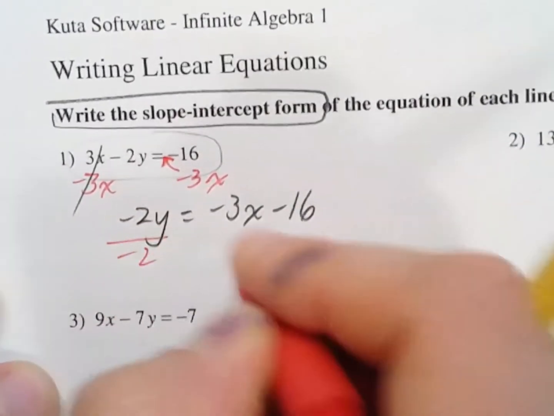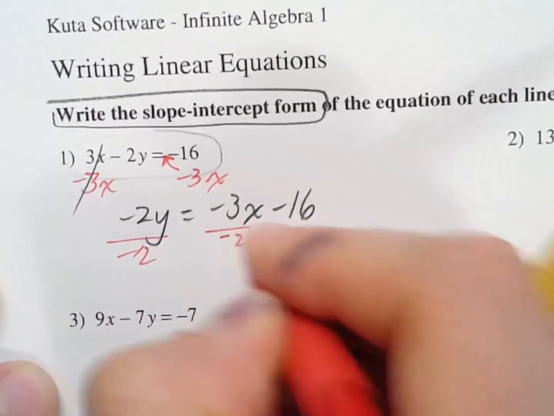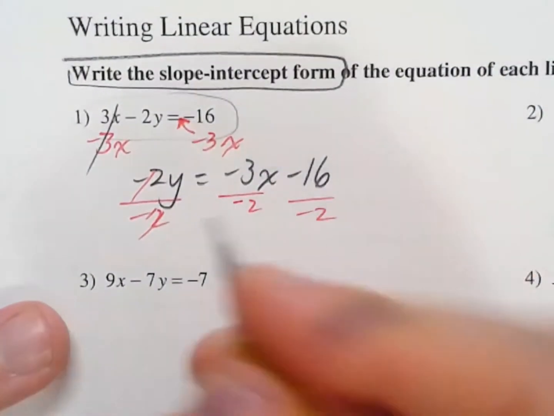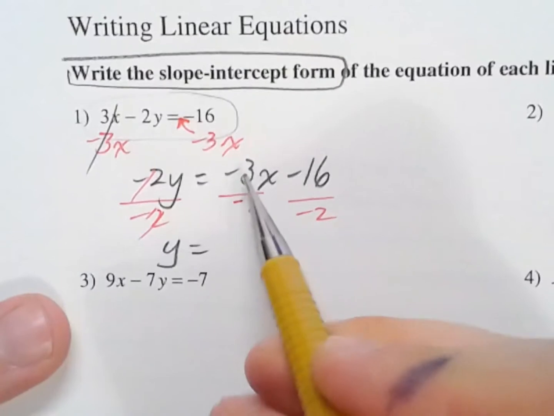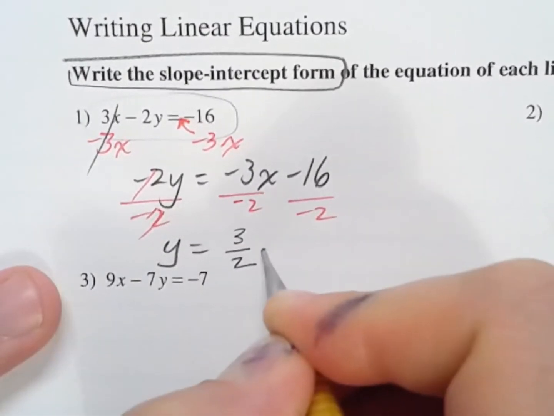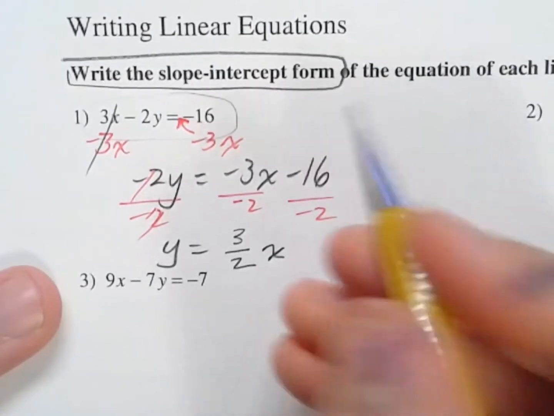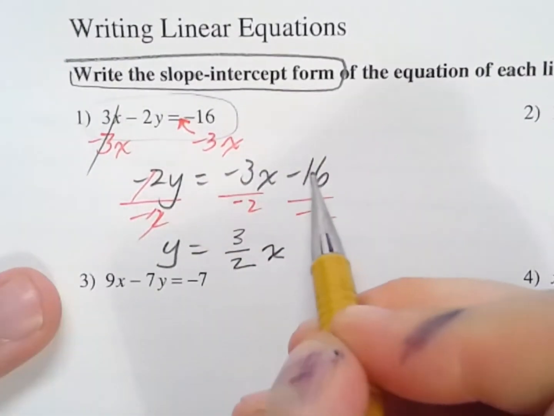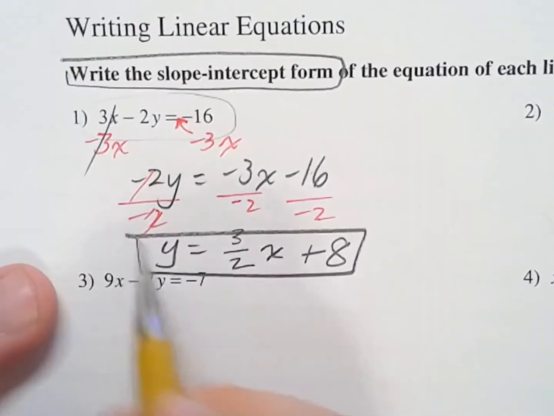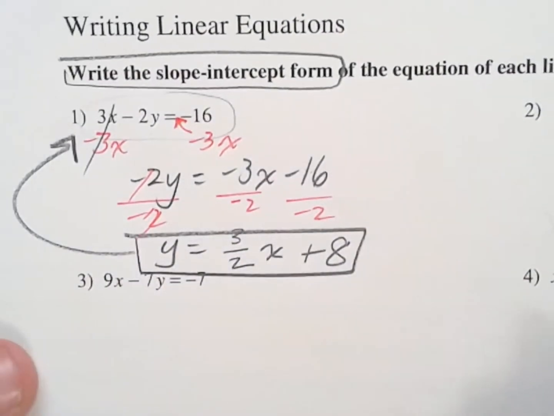So I divide everything by minus 2, and that by minus 2, and that by minus 2. And these go away, and I'm left with a y. Negative 3 over negative 2 leaves me with a positive 3/2 x. And notice, here the negative 16 over negative 2 leaves me with a positive 8. And so here is the slope-intercept form of that same line we started with, without cutting off the 3 right there.